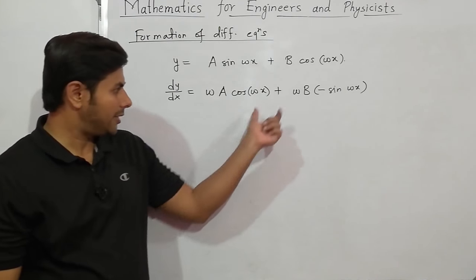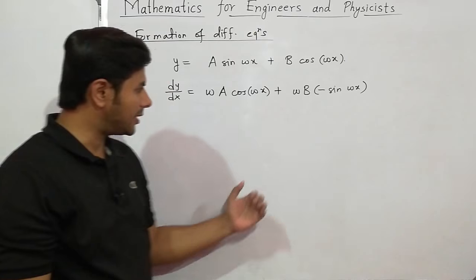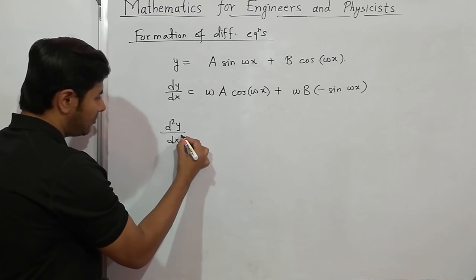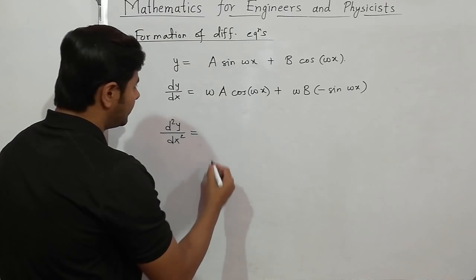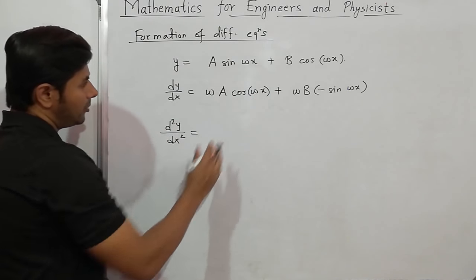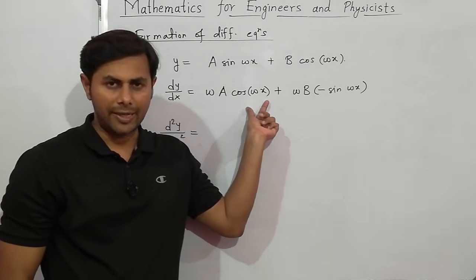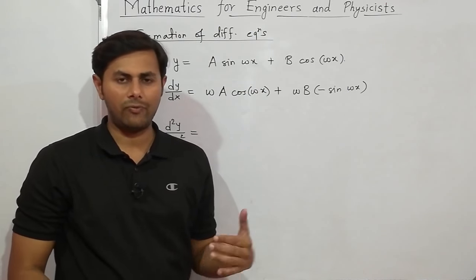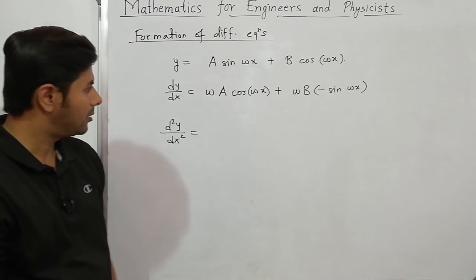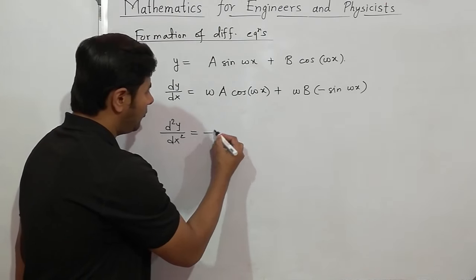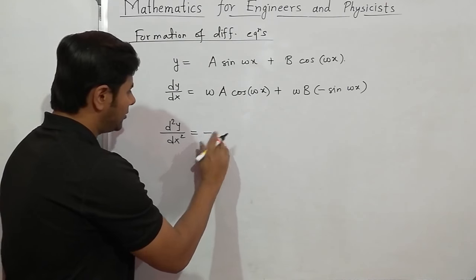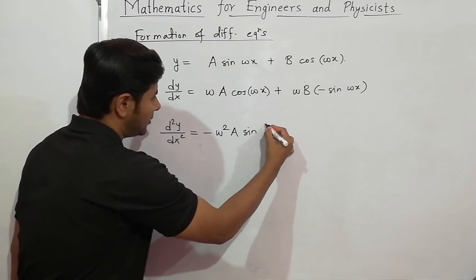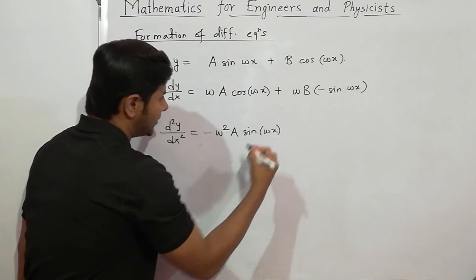Okay, now let's differentiate this once again. So I can write this as d2y by dx square equals to, now derivative of cosine of omega x is minus sine omega x, and for this omega we'll have 1 omega in multiple. So we have 1 omega from there, so it is minus of omega square a into sine of omega x.